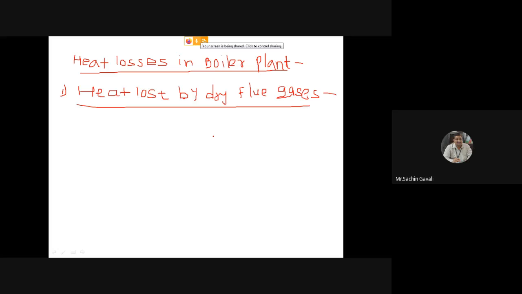So heat carried away, it will carry some amount of heat, and it will act as a heat loss.